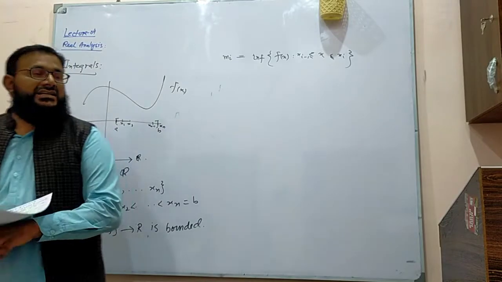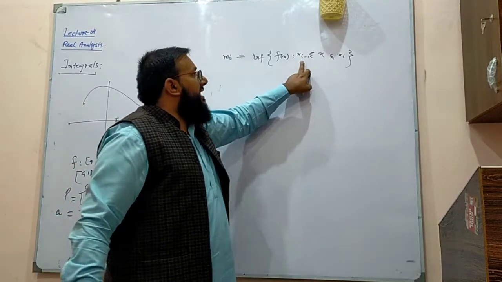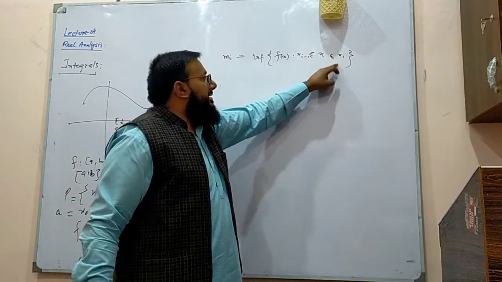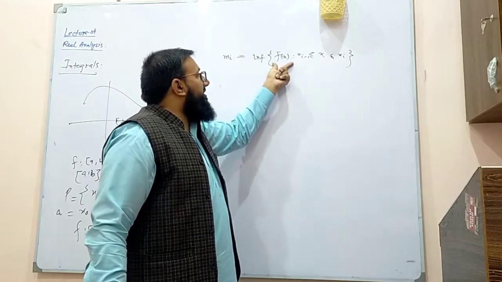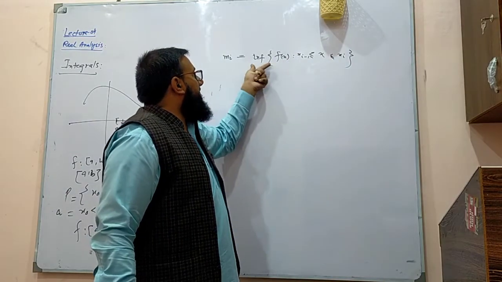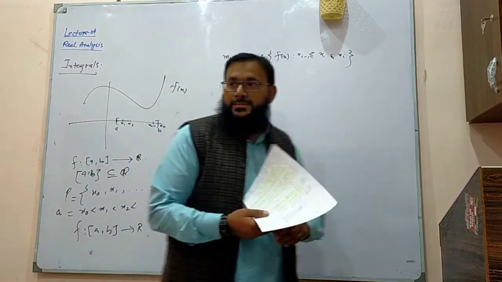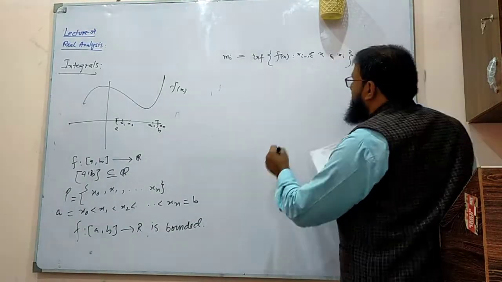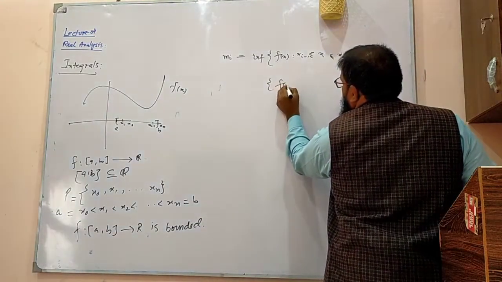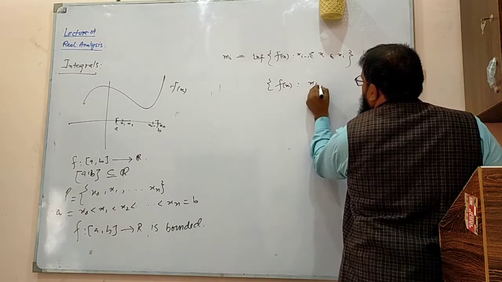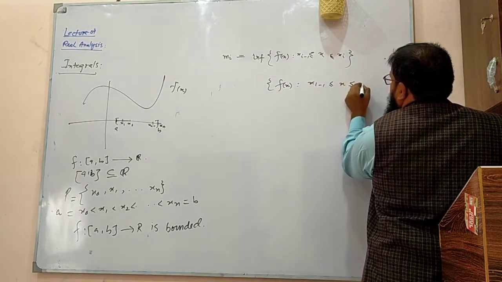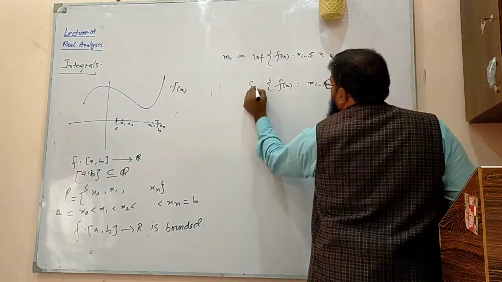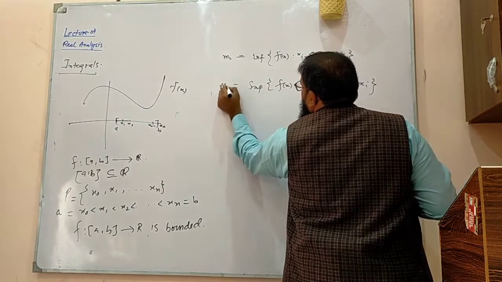So I choose an interval from xi minus 1 to xi. Within this interval I find the values of my function and I take the infimum, that is mi. And then the supremum is going to be capital Mi.